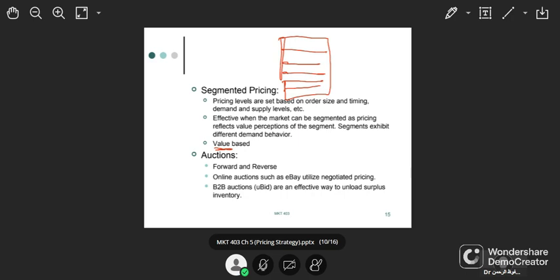Someone buying a ticket early morning, someone buying noon time, someone buying late night. There is a price variance, you must have observed. The reason is because the seller, based on the value, segments the pricing. Value based pricing is very commonly used in airlines.